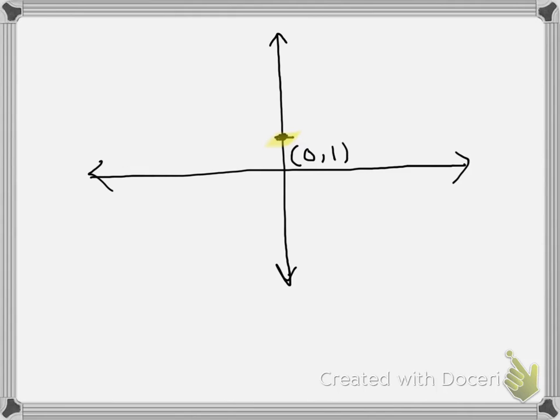But anyway, to the left of 0, we were decreasing and concave up, and to the right of 0, for anything greater than 0, we were increasing and concave up. So there you go, there's the sketched graph.